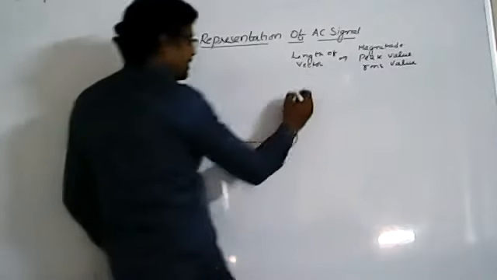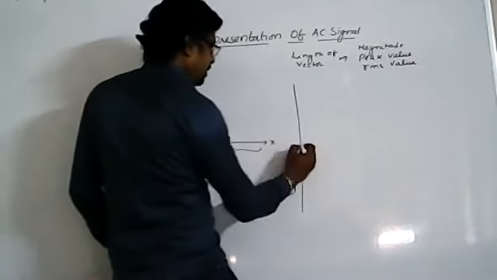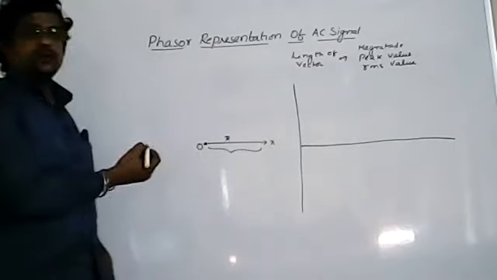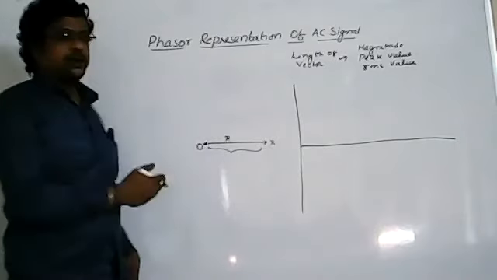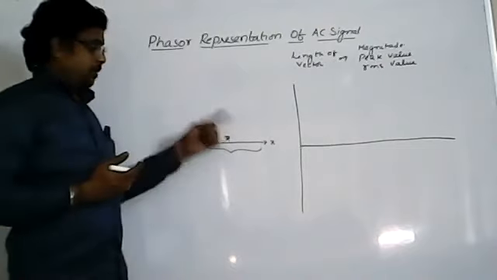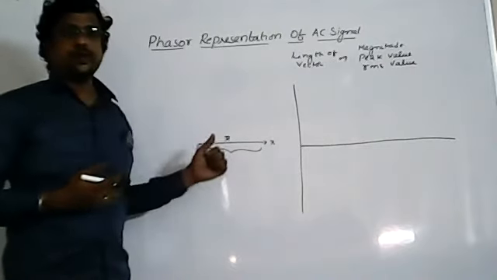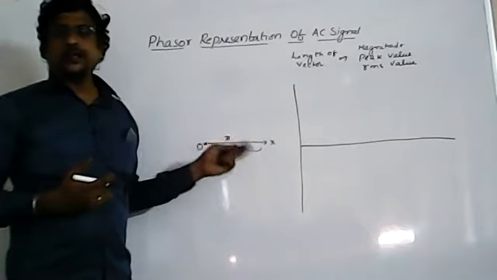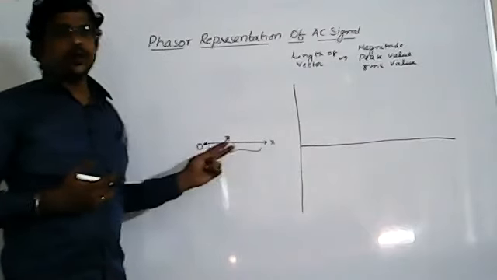Now if I put the same thing into a graph, whatever operations I make on this vector, the same thing is plotted on the graph, because the rotation of the vector is based on time. As per the time the rotation is made.